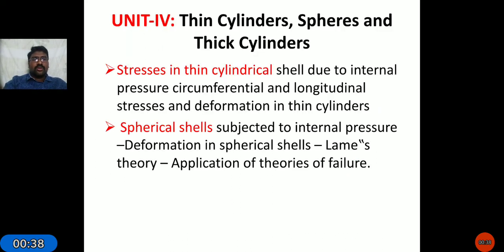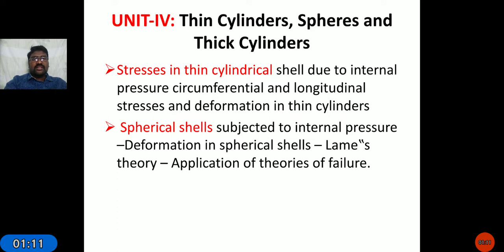Coming to the syllabus, these are the topics we are going to discuss in this unit: stresses in a thin cylindrical shell due to internal pressure, circumferential and longitudinal stresses, and deformation in the cylinder. Due to the fluid stored in the cylinder, some pressure will be developed on the internal walls of the cylinder. Due to this pressure, some stresses will be developed.